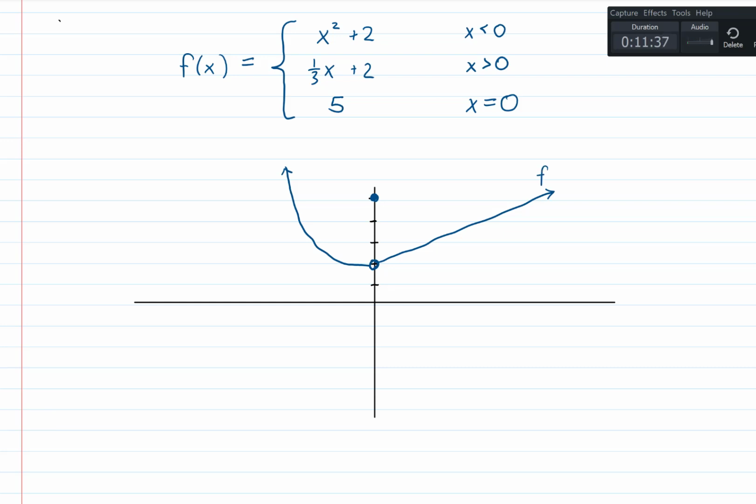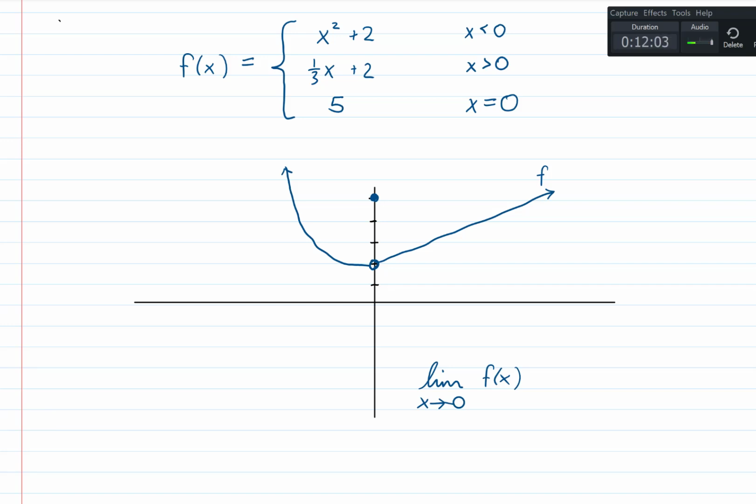Okay, so let me ask you a question. Let's figure out the limit of f of x as x approaches 0. We're just going to use the graph, just by looking at the graph.